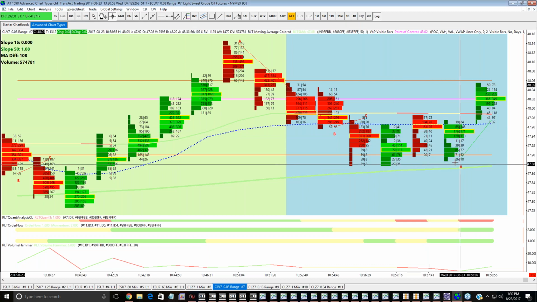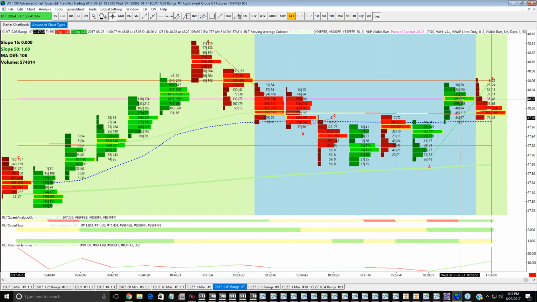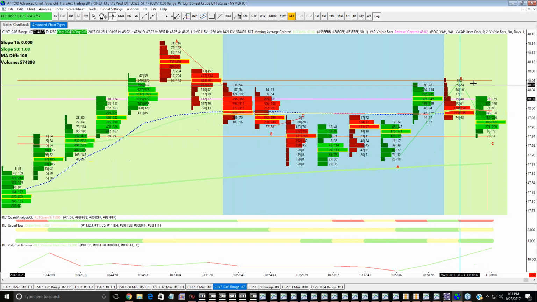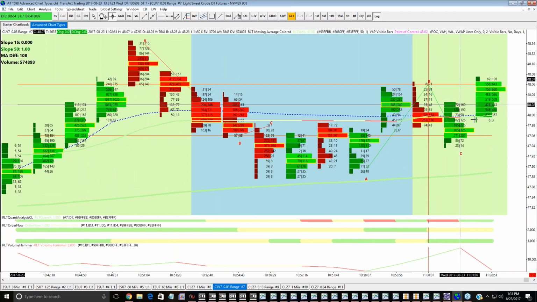And you're trading above the 50, and the point of control is above the 50. And here's the VWAP. So you're between the VWAP and the 50, and you just don't have any trades. Now here is the difficulty: you've got an area of resistance here and another one here. So when you've got stacked areas of resistance, you've got to be very, very careful in taking a trade. And you just don't have any trades.